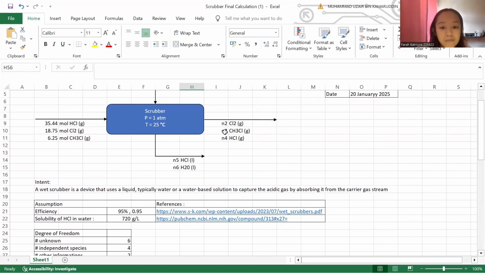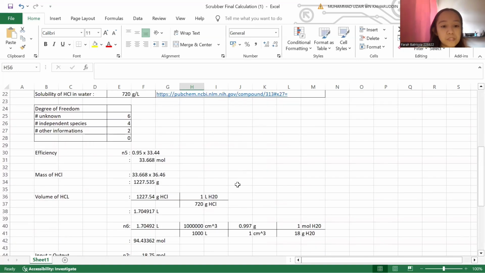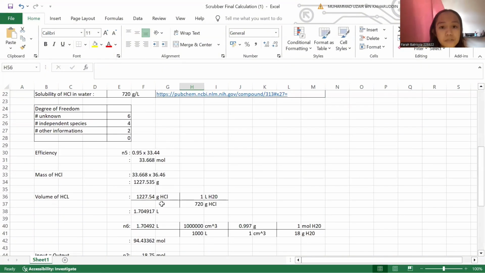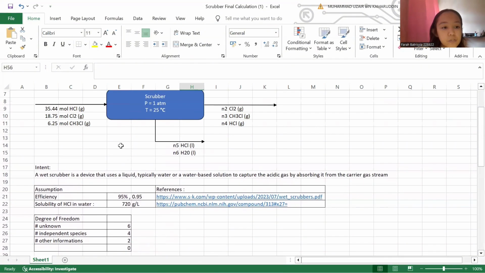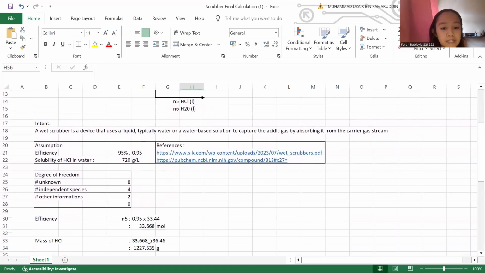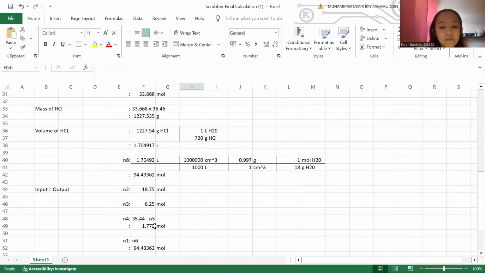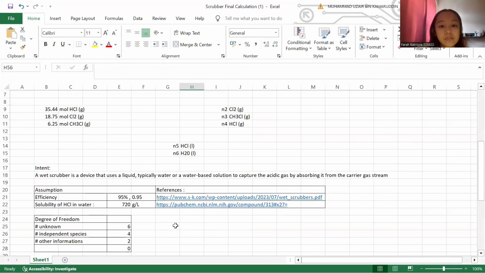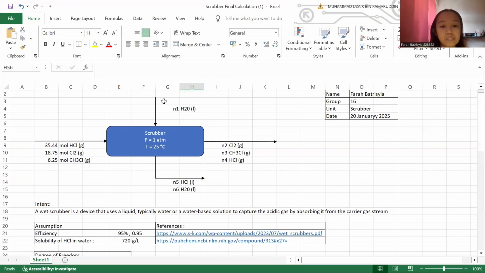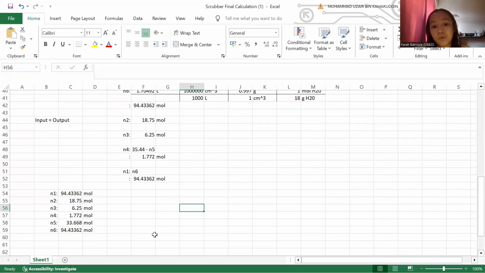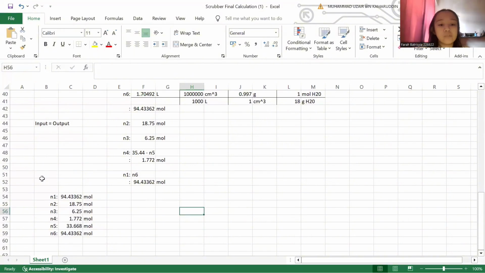Then N4 equals 35.44 minus N5, which is 35.44 minus 23.668, and then we get 1.772 mole. Then N1 equals N6, which means the amount of water coming in equals the amount of water coming out, so it is 94.43362 mole. And this is the final value of all. Thank you.